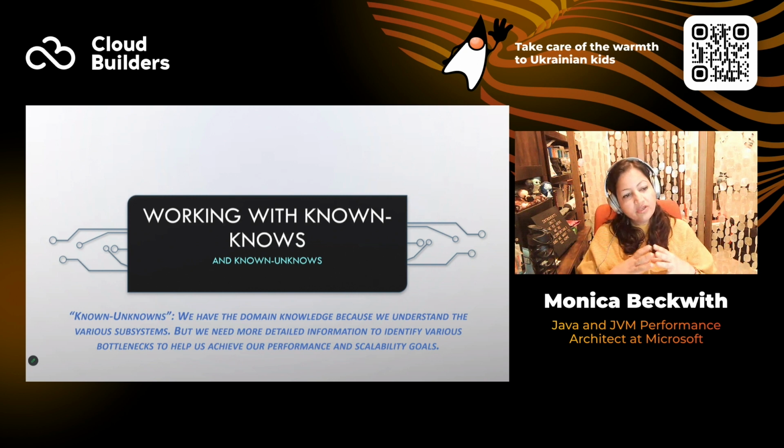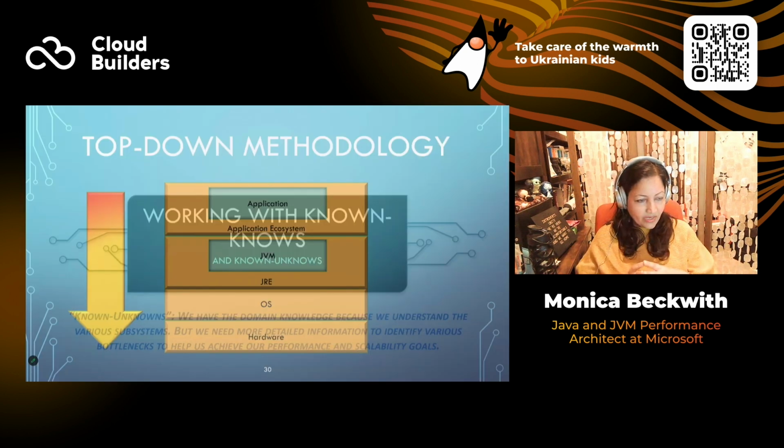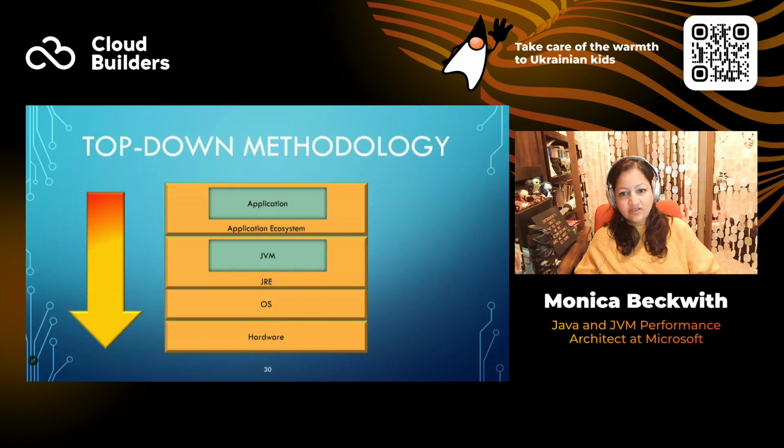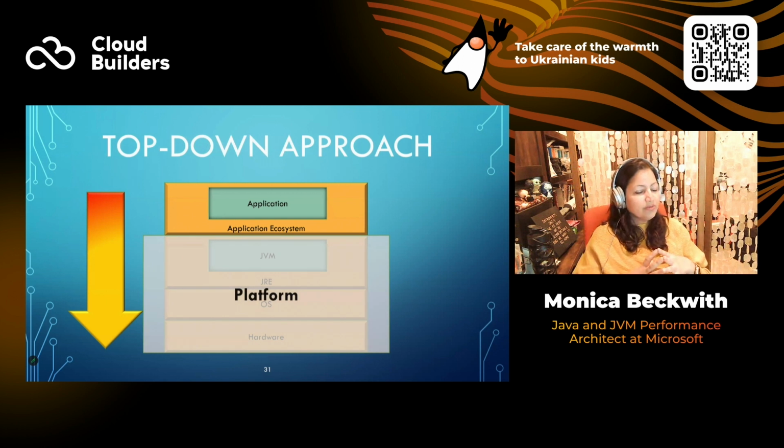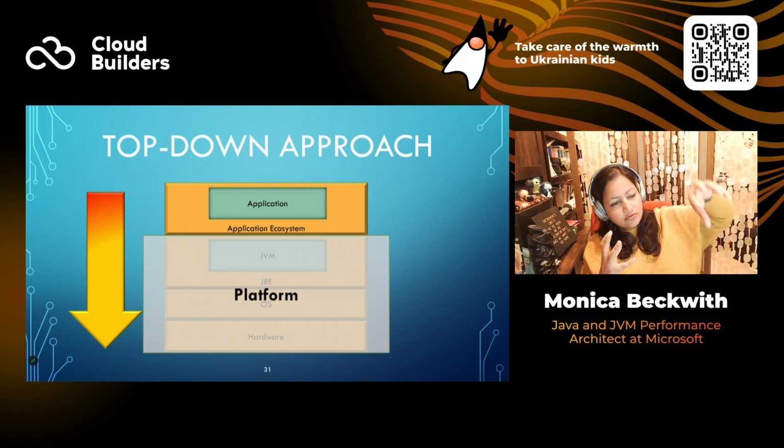So that's when we adopt a methodology. So the same subsystem that I have shown, the same stack, right? I'll talk about the top-down methodology. So it's very simple. You know your application. You're trying to improve your application scalability, right? So everything else underneath the application is the platform that your application is working on. You know your application the best. You're an application developer.